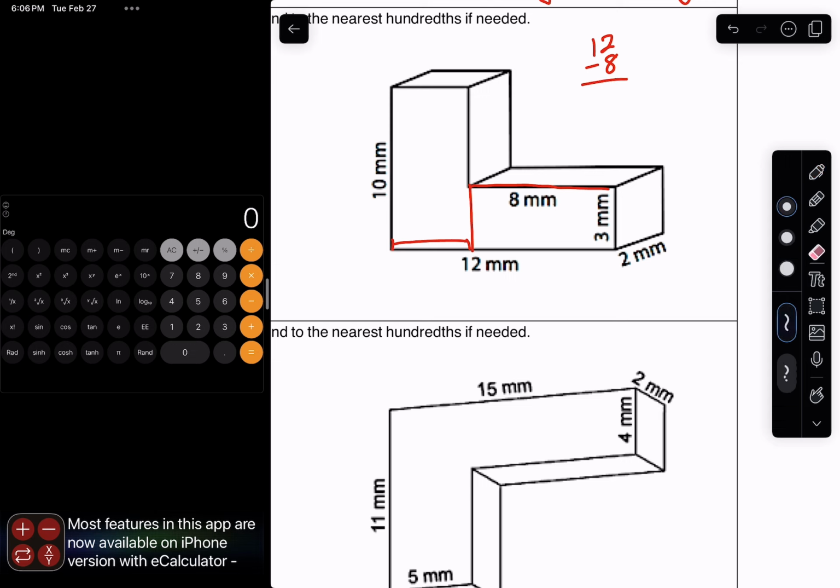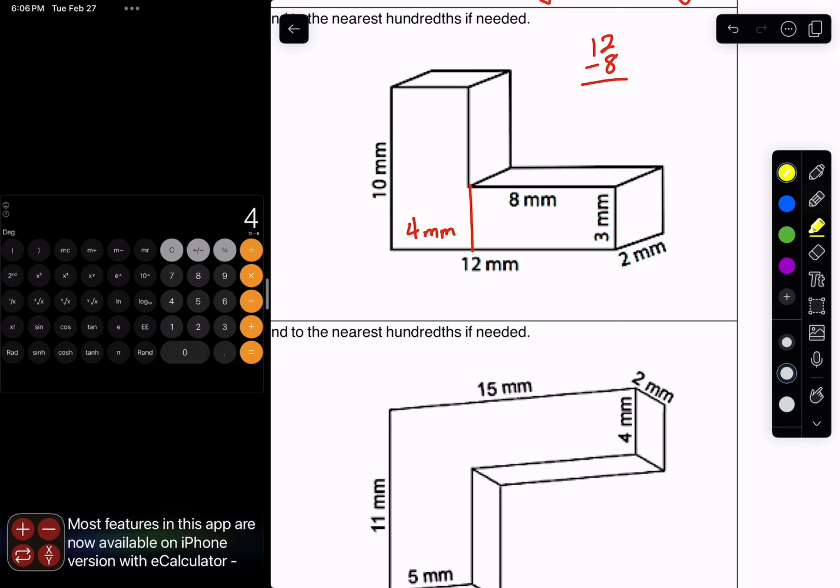If you don't want to do it in your head, you can do it on the calculator. That's 4. So this right here is going to be 4 millimeters. And now I just have to figure out if I got all 3 sides, right?